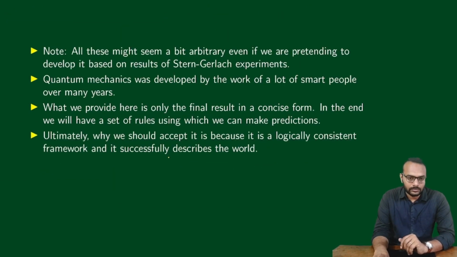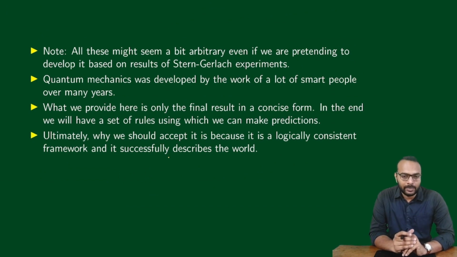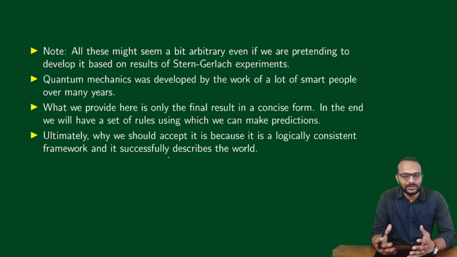Now, if you are studying quantum mechanics for the first time, all these might seem a little bit arbitrary, right? There are certain rules, and we didn't give really good reasons to choose these as the rules. So all this might seem a bit arbitrary, even if we are pretending to develop it based on the results of Stern-Gerlach experiments.